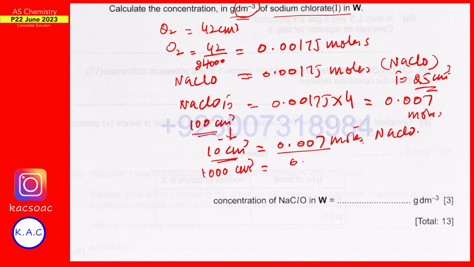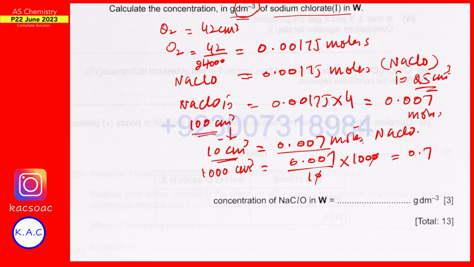Then it will be 0.007 over 10 into 1000, and it will be equal to 0.007 multiplied by 100, that is equal to 0.7.